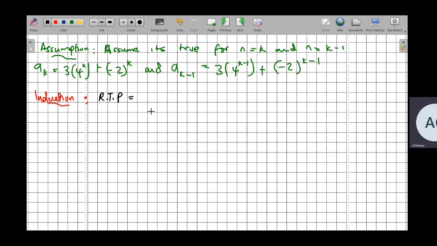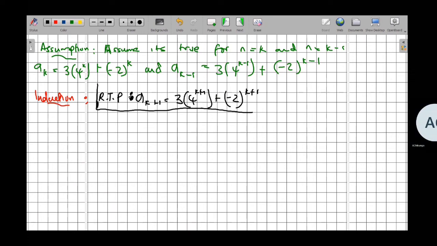It's going to be equal to what? a_(k+1), which is 3 times 4^(k+1) plus (-2)^(k+1). So you're working with this. You can temporarily just box it in here, so that whatever you're doing, this is already guiding all your steps.